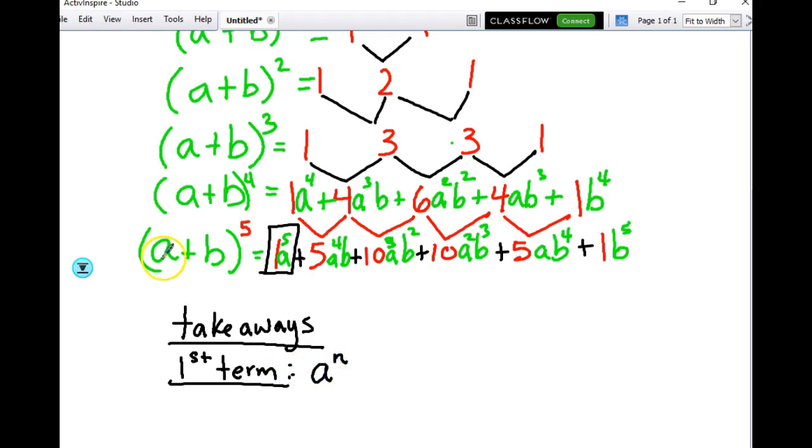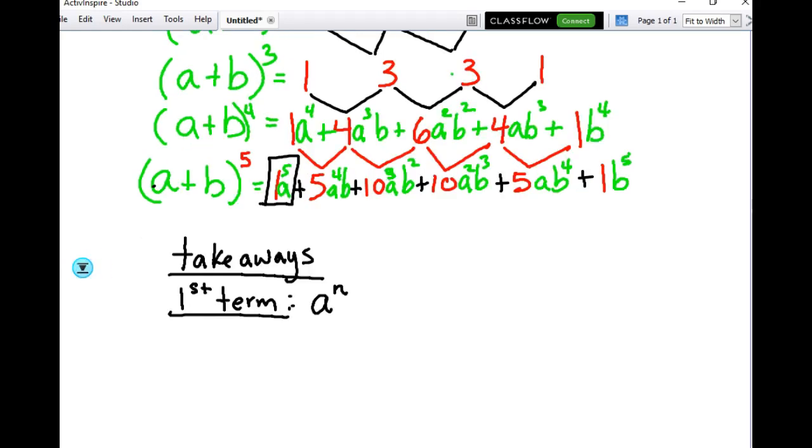In other words, whatever this is, the first number, to that power. That's always going to be your first term. Okay? Now your second term is the other thing that we want to pay attention to. That's something else that's going to be helpful to know about for our proof.